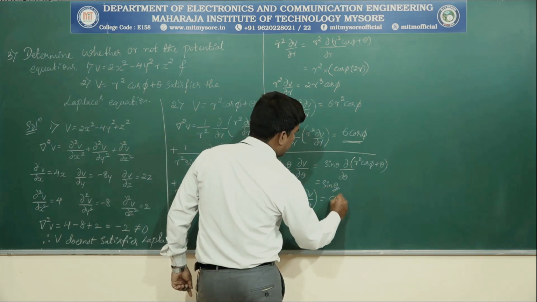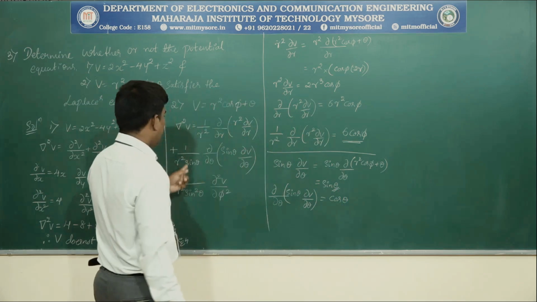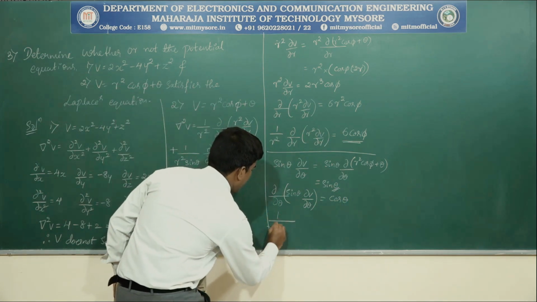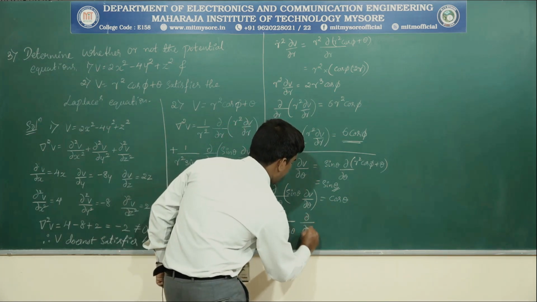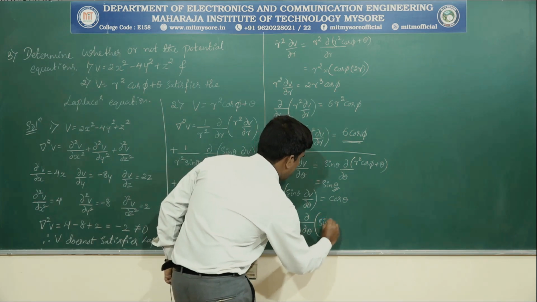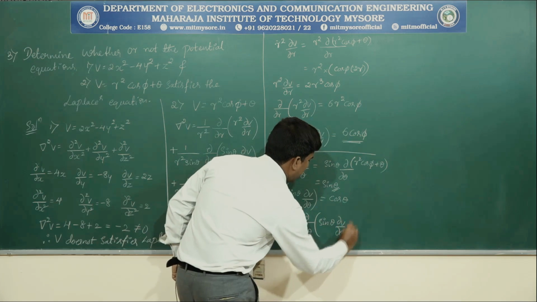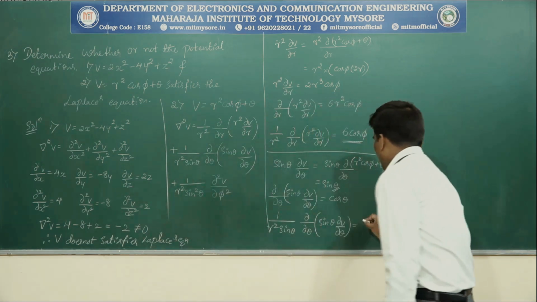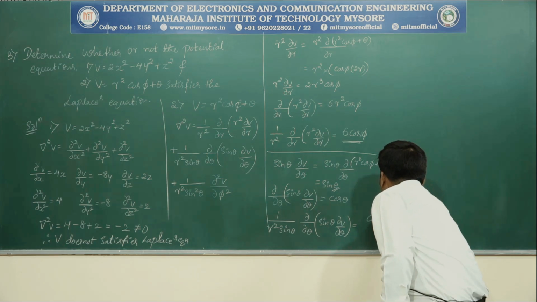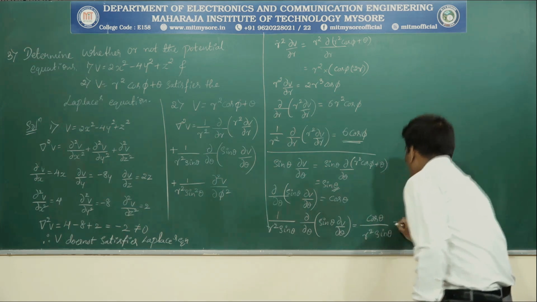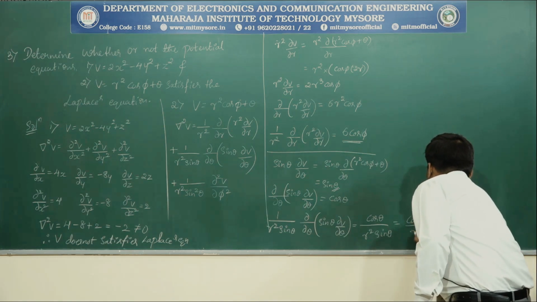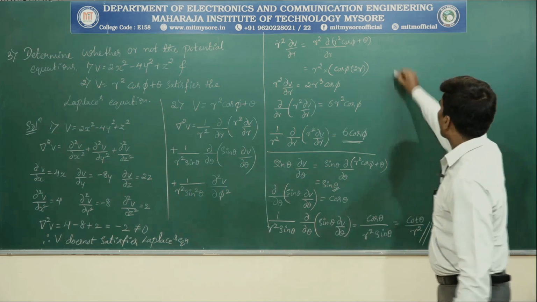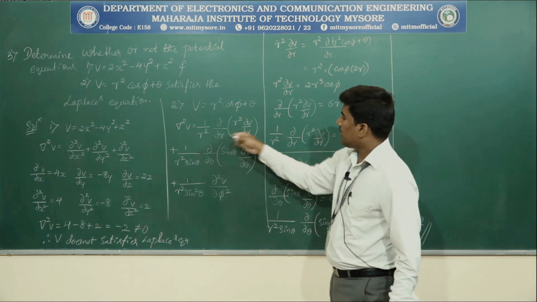Differentiation of sin θ is cos θ. Then we multiply this by 1 by r² sin θ, which gives cos θ divided by r² sin θ, which is, cos by sin is cot, cot θ by r². This is the second quantity. We have evaluated the entire second quantity.